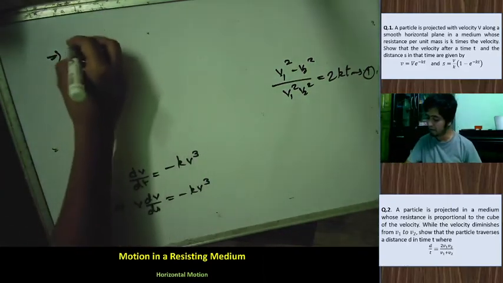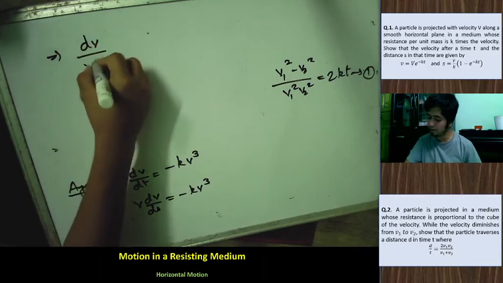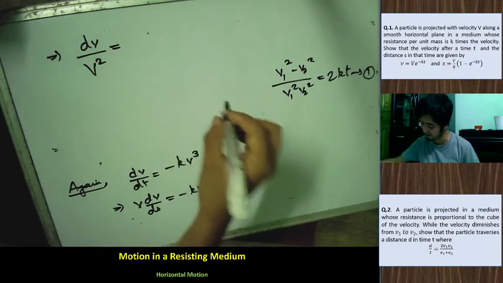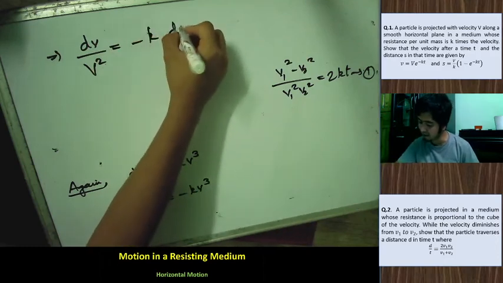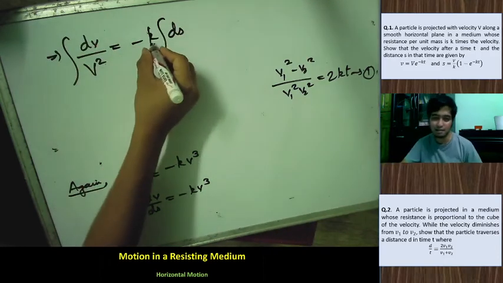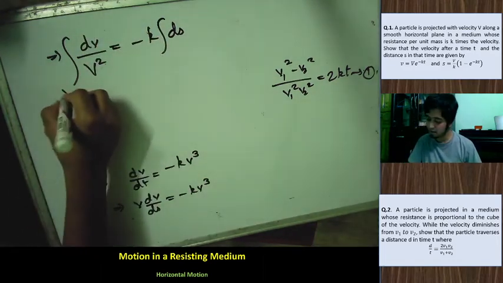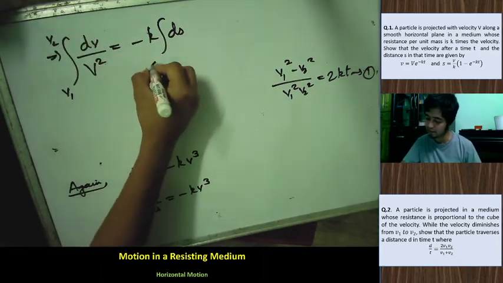Next, just separate the variables: dv on v square. v cube and v cancel. Separate the variables, you will have minus k ds. Integrate. k is a constant, you can keep it outside of the integration. v1 to v2, and 0 to d for the distance.